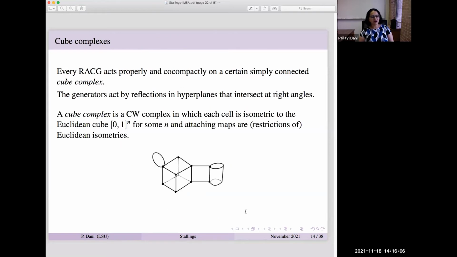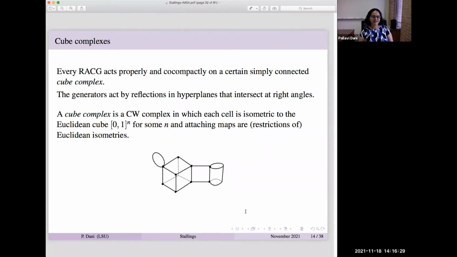Right-angled Coxeter groups act on certain very nice cube complexes. They act properly and co-compactly on certain simply connected cube complexes. The generators act by reflections in hyperplanes that intersect at right angles. That's where the right angle terminology comes from.